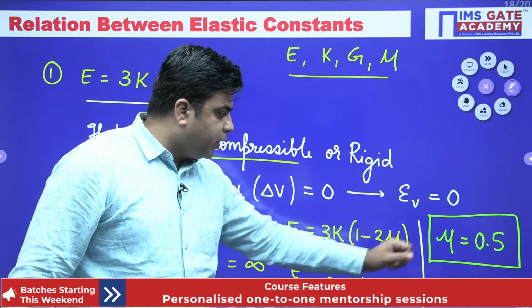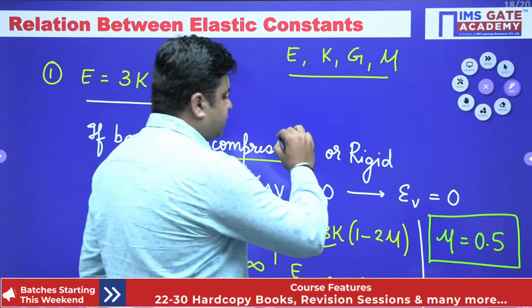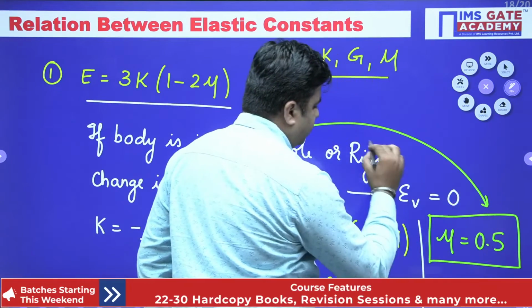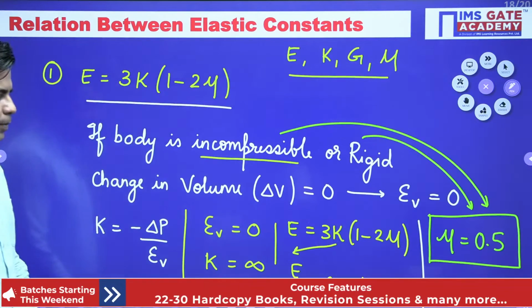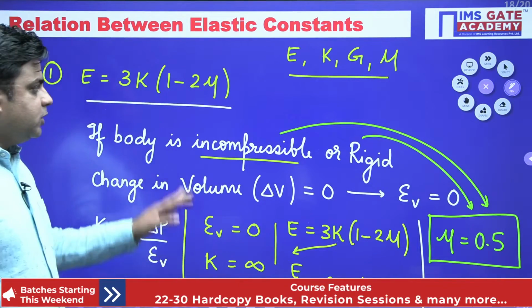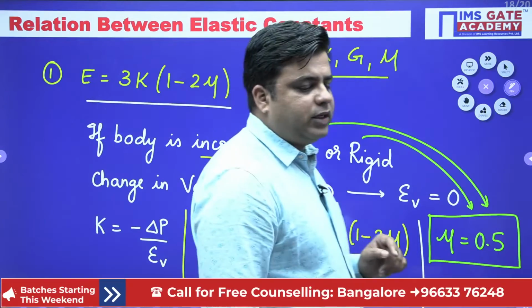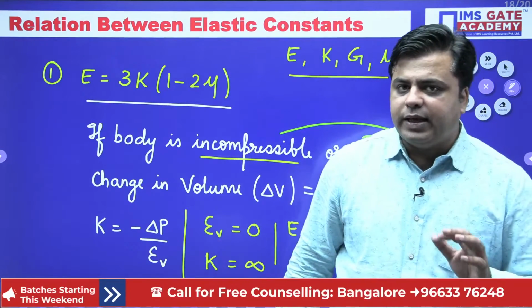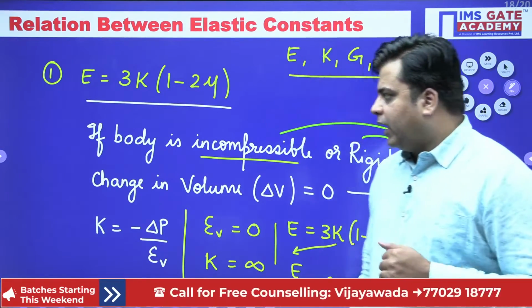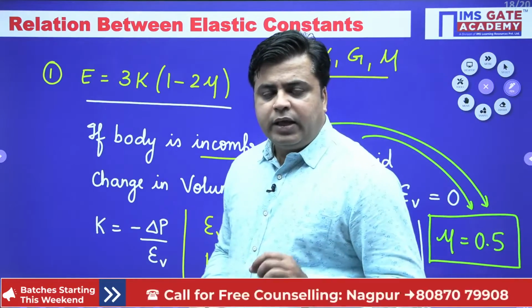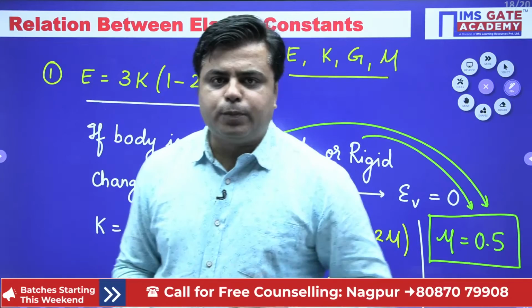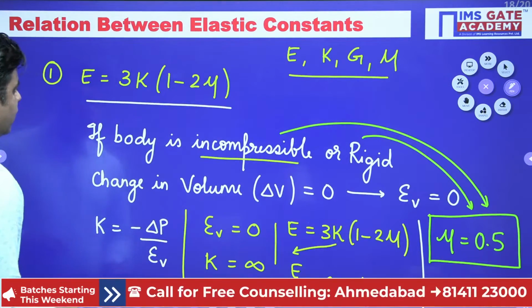So mu is 0.5 for incompressible or rigid bodies. Please keep a check on this. So this is the first relation between elastic constants, where E is equal to 3K into 1 minus 2 mu. And from here we have seen that for incompressible or rigid body, the value of Poisson's ratio is 0.5. Okay. Moving on to the next relation.